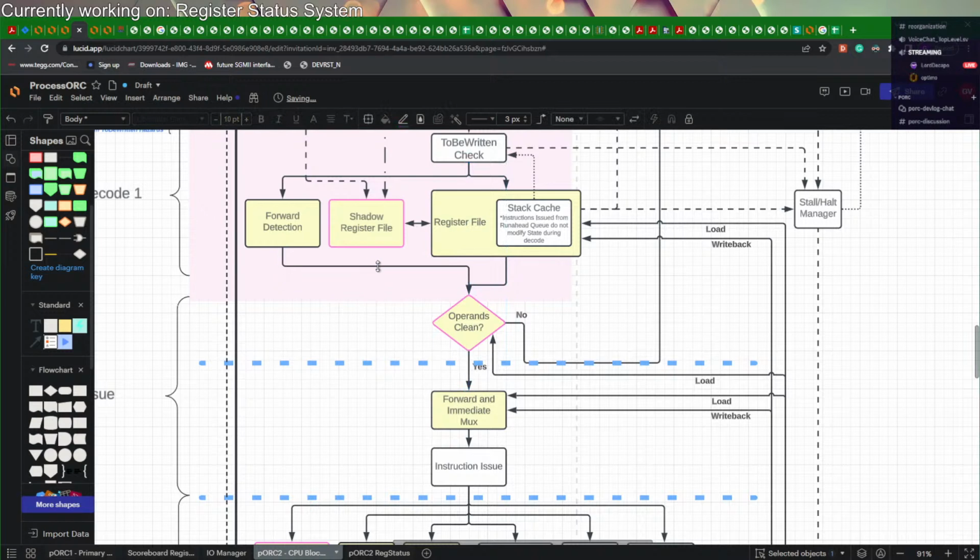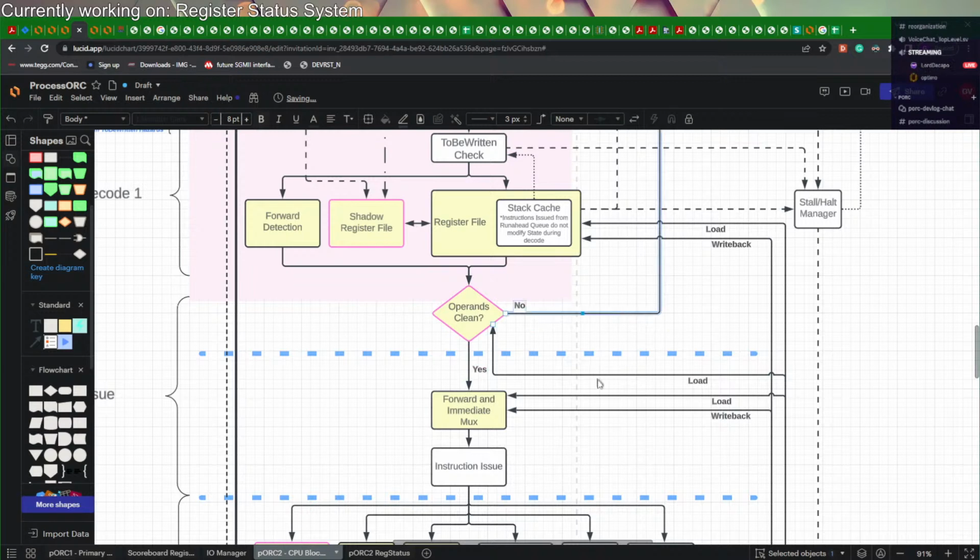Oh, interesting. Oh, that's the same cycle, right? Yeah, the blue line's a cycle. You're gonna be checking there anyway.